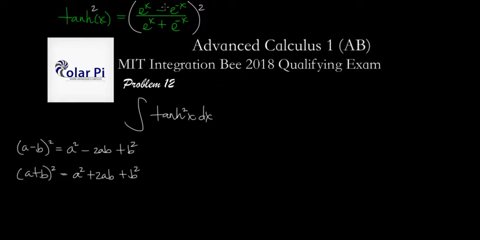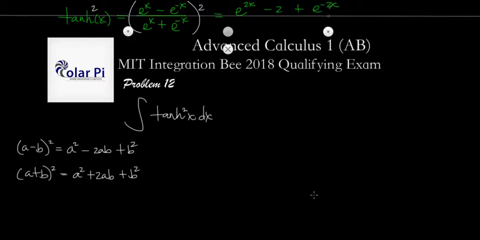So this numerator assumes this form, and executing the right hand side and simplifying, we can write that the numerator, after we square it, will turn into e to the 2x minus 2 plus e to the negative 2x.